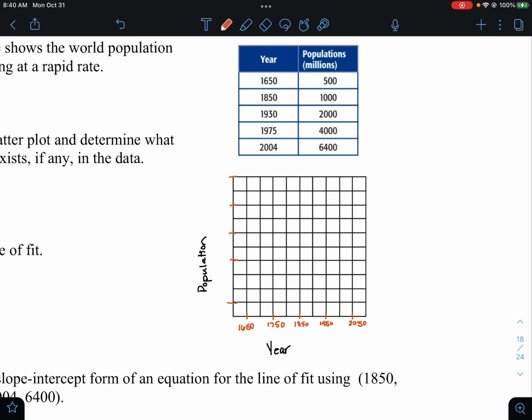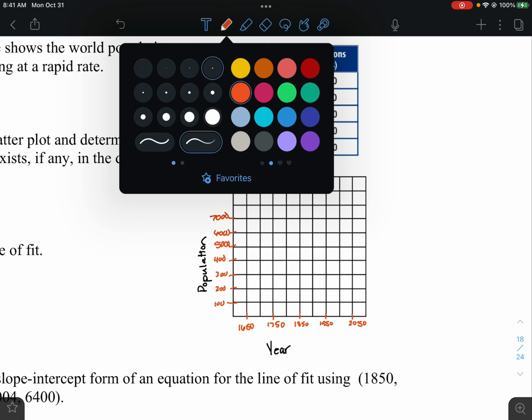I'm actually going to start here with 1,000. All right, sorry, it's a little sloppy, but all right, we have all of our values on there. So now let's plot our points.